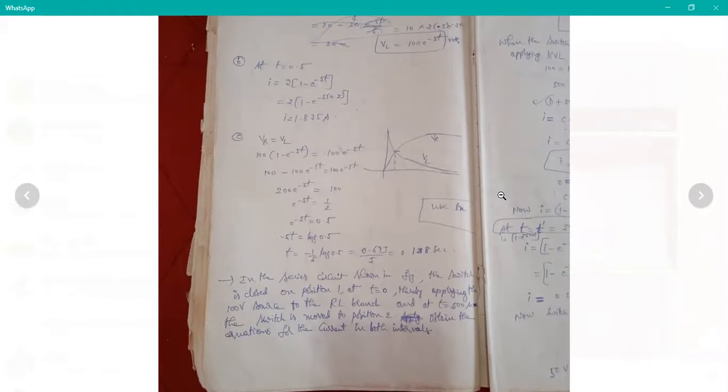And at t is equal to 500 microseconds, the switch is moved to position 2.